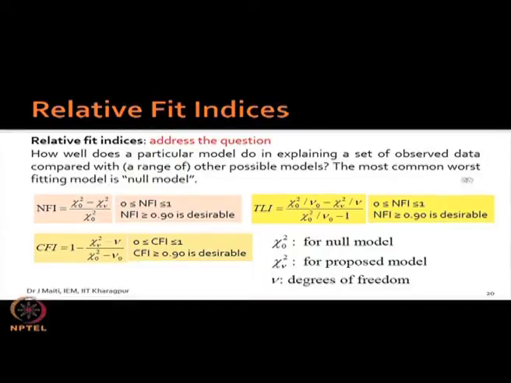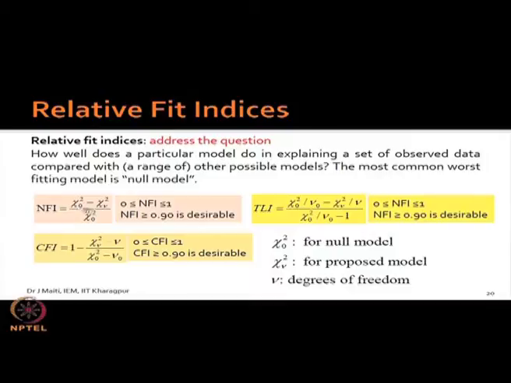Here mostly we consider the null model, that is the worst fit model, where we think that the covariance matrix is diagonal, only the diagonal variance part is there, and off-diagonal elements are 0. So, if chi-square for the null model is chi-square 0 and chi-square for the proposed model is chi-square nu, where nu is the degrees of freedom, then you are in a position to quantify indices like NFI.